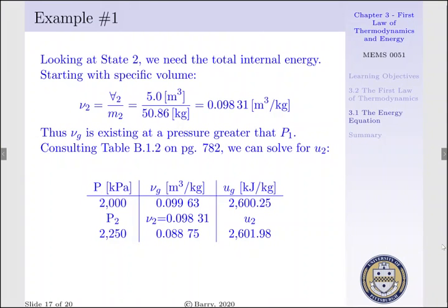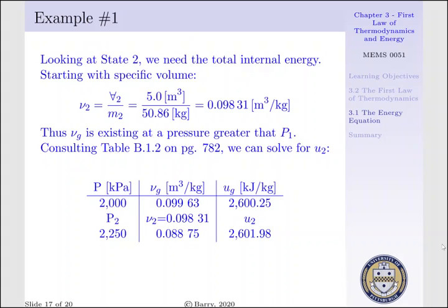Now, we know that nu2 is equal to nu sub g. That is, we are existing at a quality of 1. And if we look at our saturated water pressure tables, i.e., table B.1.2 on page 782, we see that nu sub g is existing between 2000 and 2250 kPa. That is to say, our pressure has increased as we have supplied heat to transform our saturated liquid to saturated vapor.